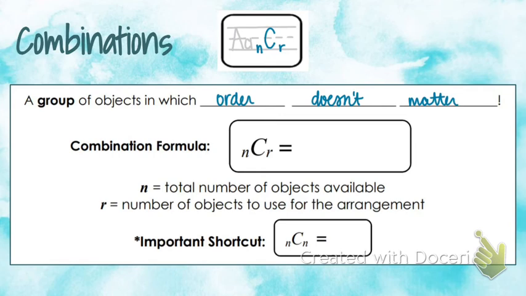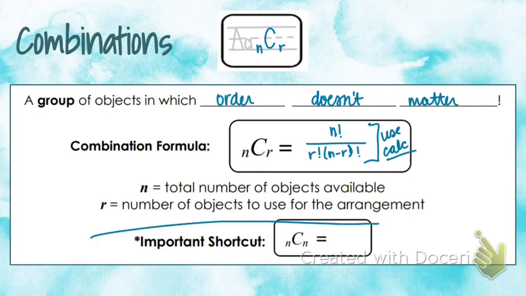All right, so the combination formula is N factorial over R factorial times N minus R factorial. But we don't care because we're going to use a calculator.